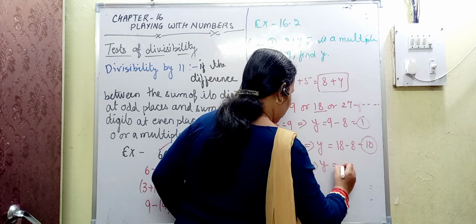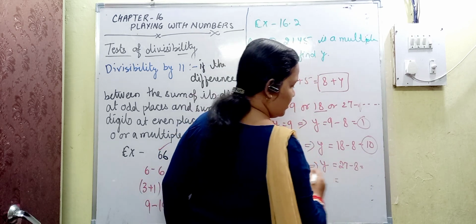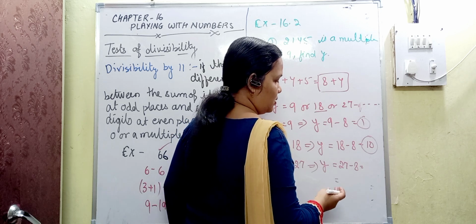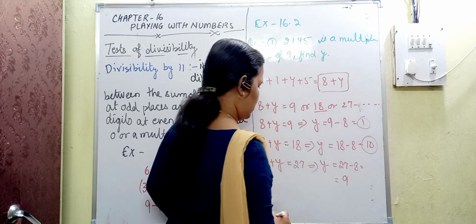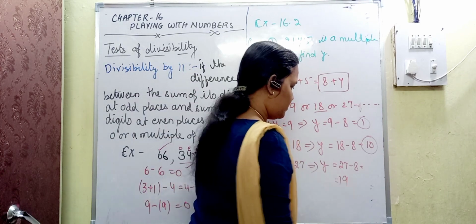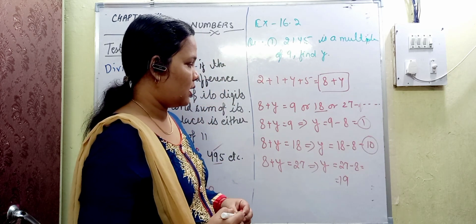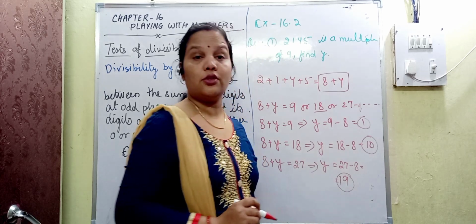Then you can see that Y is equal to 27 minus 8, which gives you 19. 27 minus 8 gives you 19.